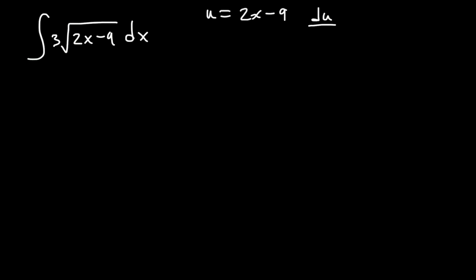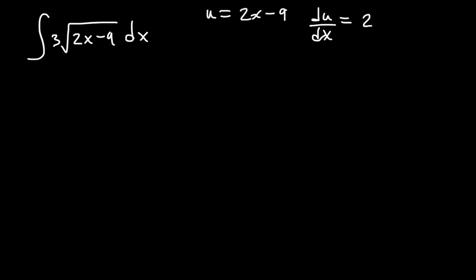Now try this. Find the indefinite integral of the cube root of 2x minus 9 dx, and try it for yourself. This time we're going to say u equals 2x minus 9, the inside function, and then du over dx is the derivative of 2x, which is just 2.